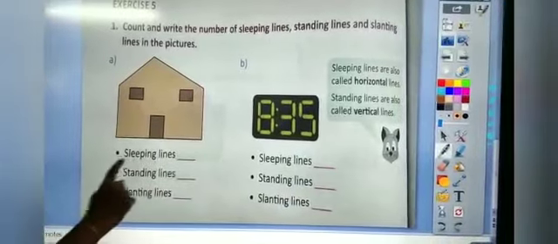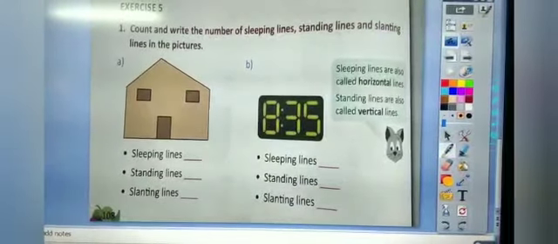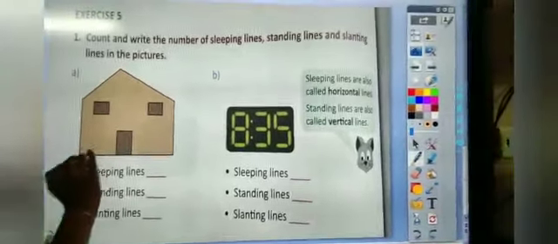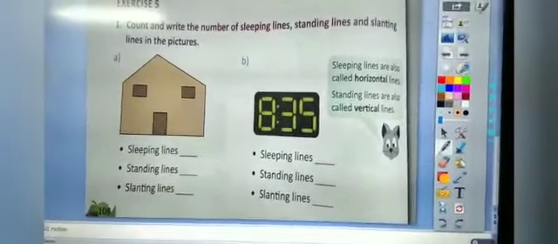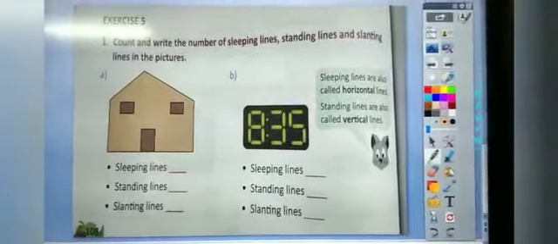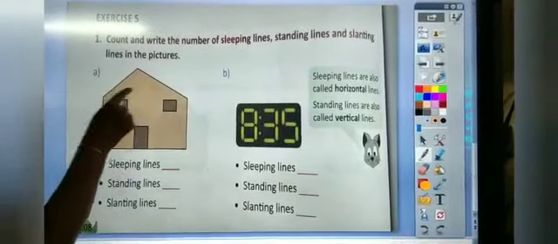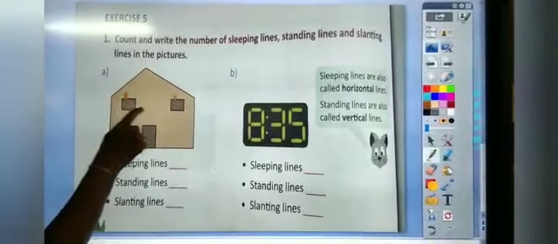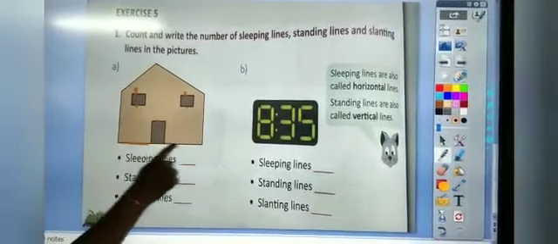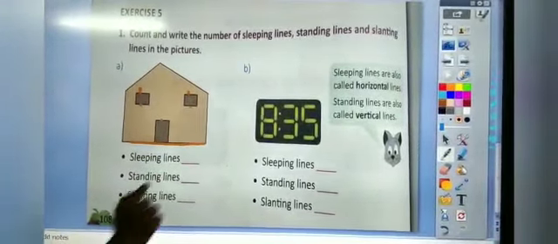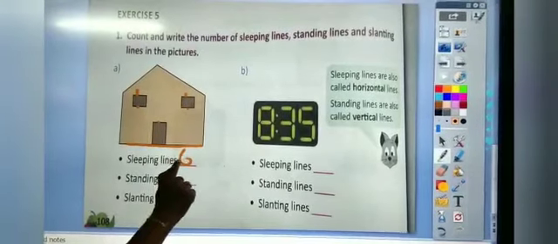Look at the first question, sleeping lines. A sleeping line looks like it is lying down, like a dash. So now we have to count the sleeping lines. 1, 2, 3, 4, 5, 6. So how many sleeping lines? 6 sleeping lines.